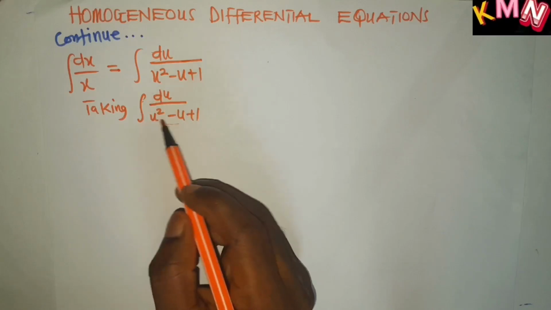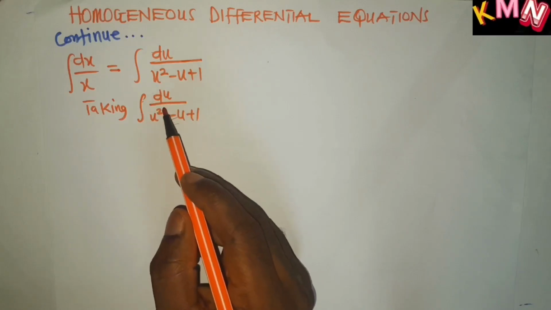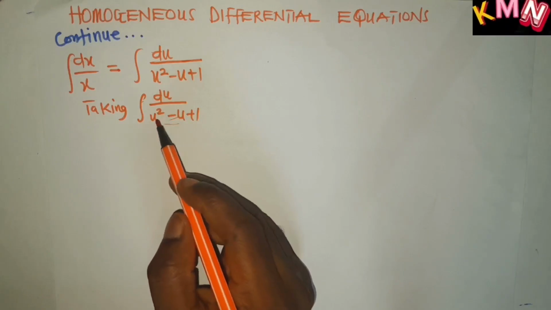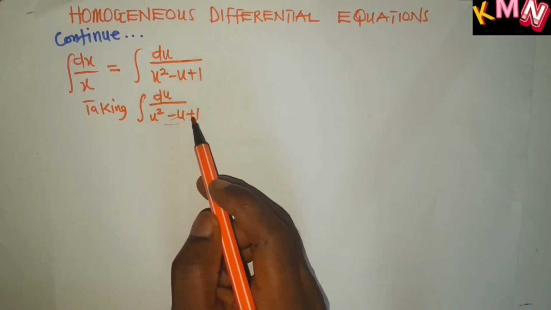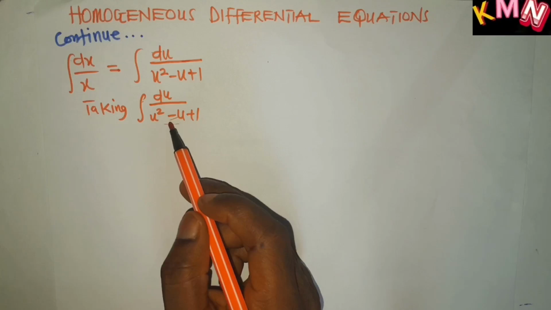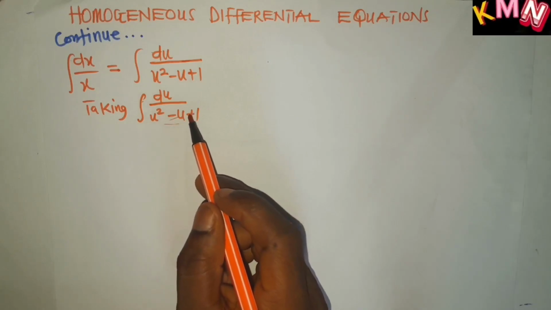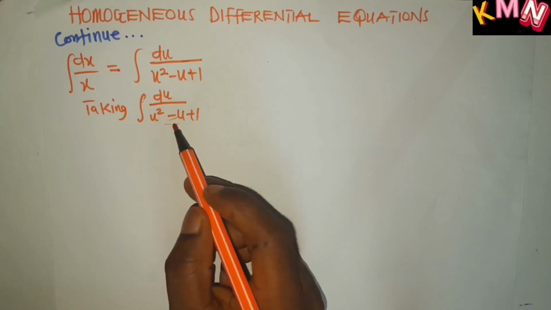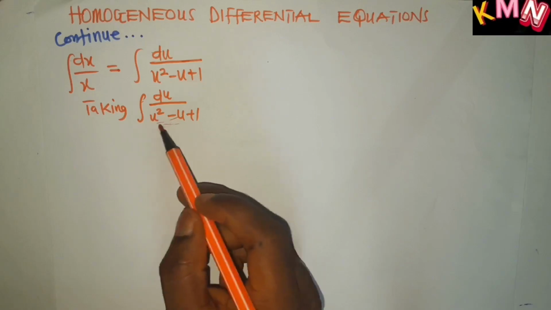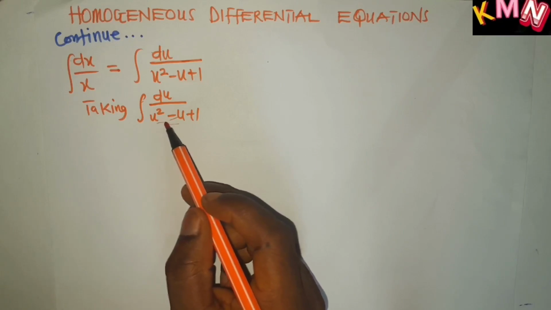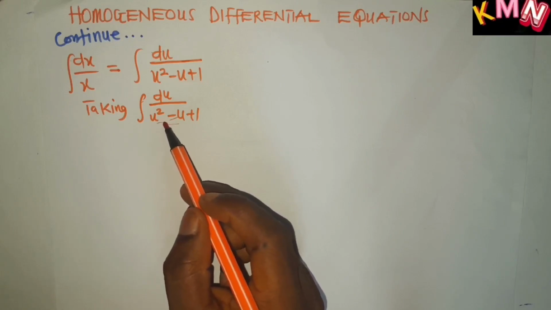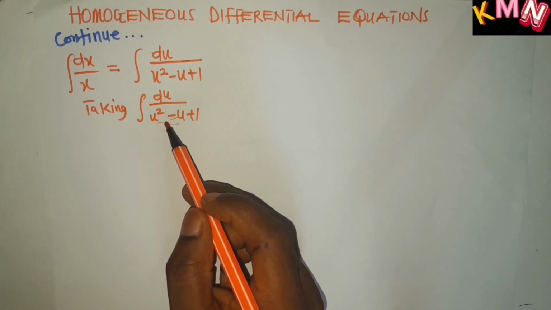So considering the left hand side, you realize that the integral of 1 on u squared minus u plus 1 is better solved using the trigonometric substitution, because the denominator u squared minus u plus 1 is an irreducible quadratic expression. In other words, this particular function cannot be factorized that easily. So using the method of completing the squares works better. That will lead us to trig substitution.